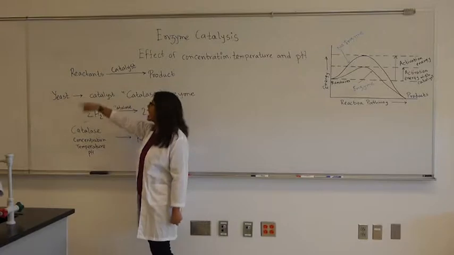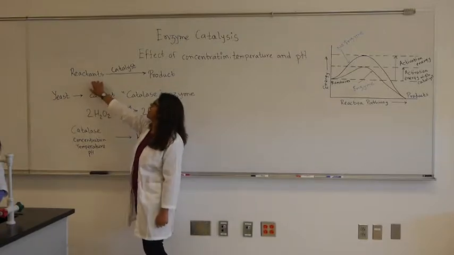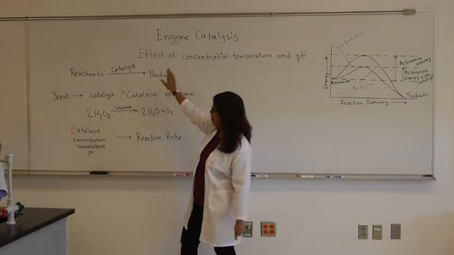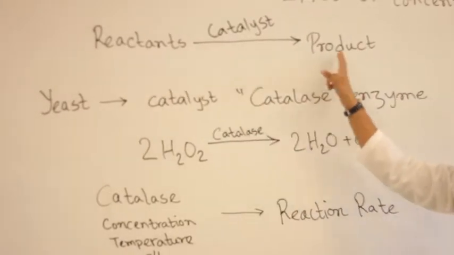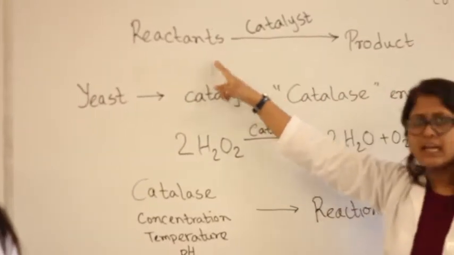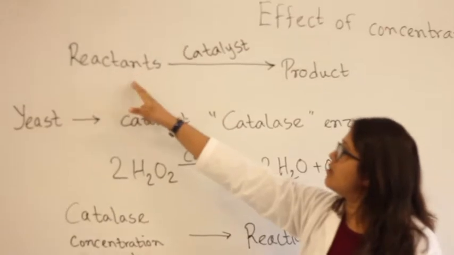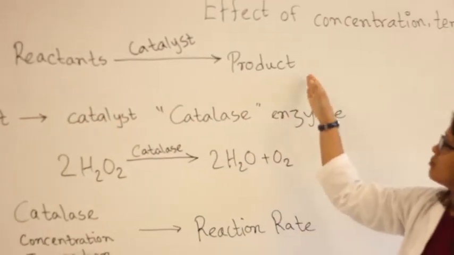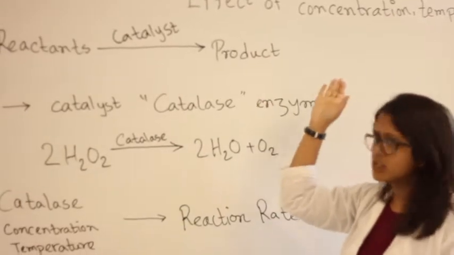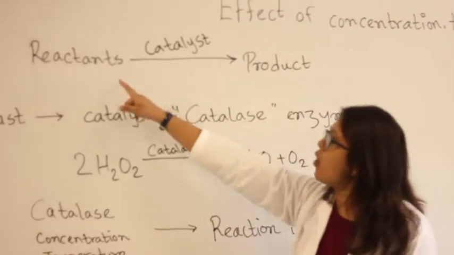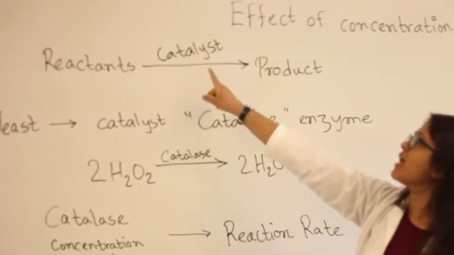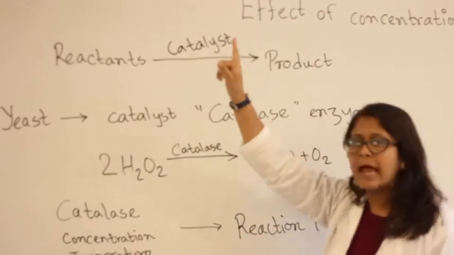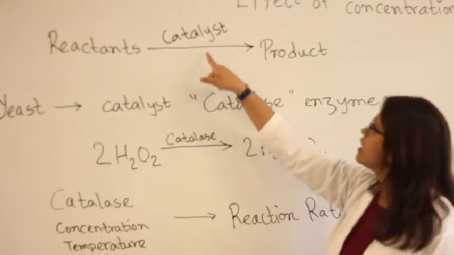For a reaction to happen, that is to get from reactant to product, we can speed up the reaction by heating it up. So the reactants will get higher in energy and produce the product at a faster rate. But it can also be done with the help of a substance called a catalyst, just like in the human body.